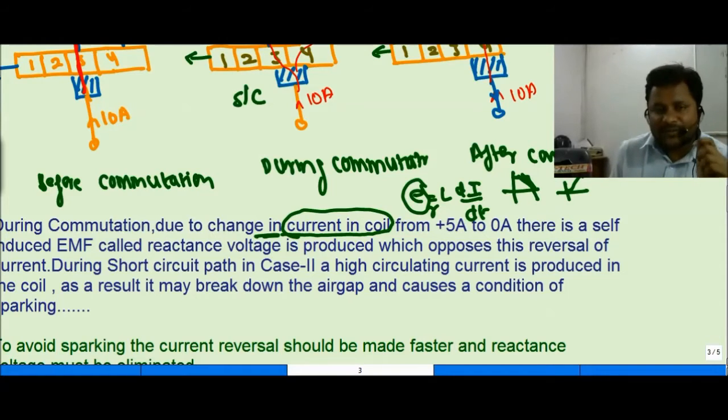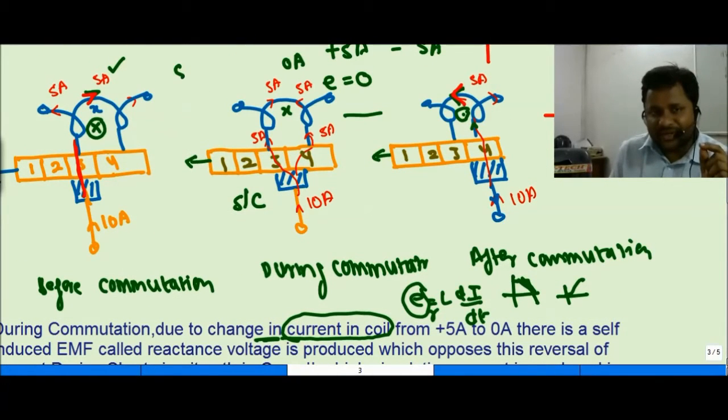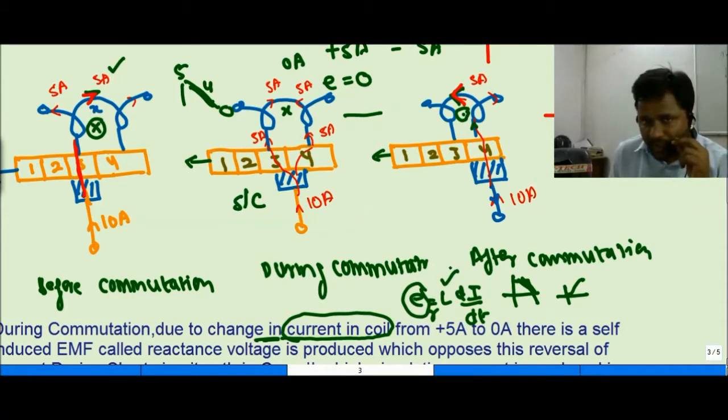Here the current is 5 ampere, decreasing to 4, then becoming 0. As a result of this change in current, as per this formula, a reactance voltage is generated in the coil, and it tries to oppose the reversal of current as per Lenz's law.